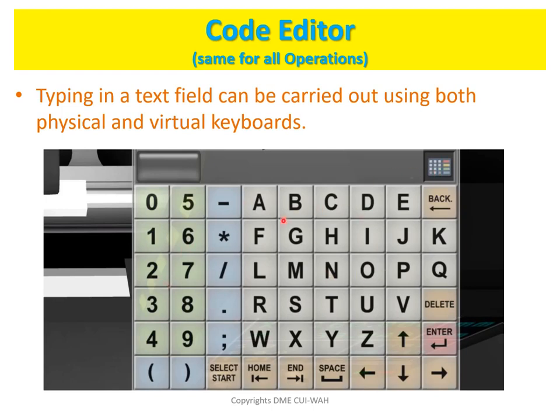As you can see, this keyboard covers almost all the required alphabets, and all numbers are present in the keyboard. Also, other necessary buttons like enter, delete, and backspace are present. Here, brackets are also present. So you can use this virtual keyboard of the CNC simulator, or if you don't want to use this, you can use your own laptop or computer keyboard. It's up to you which keyboard you want to use for your own comfort.